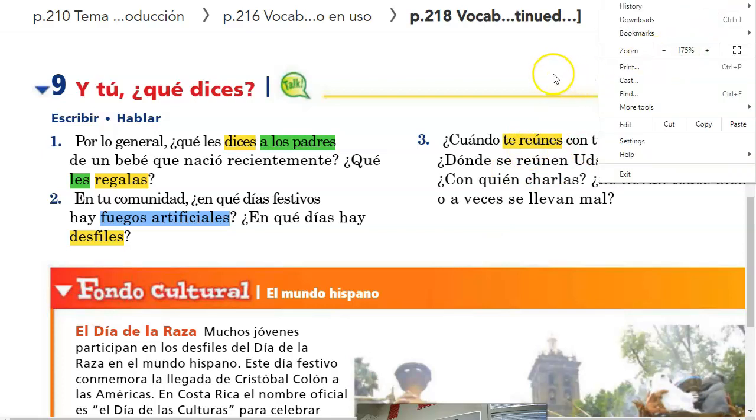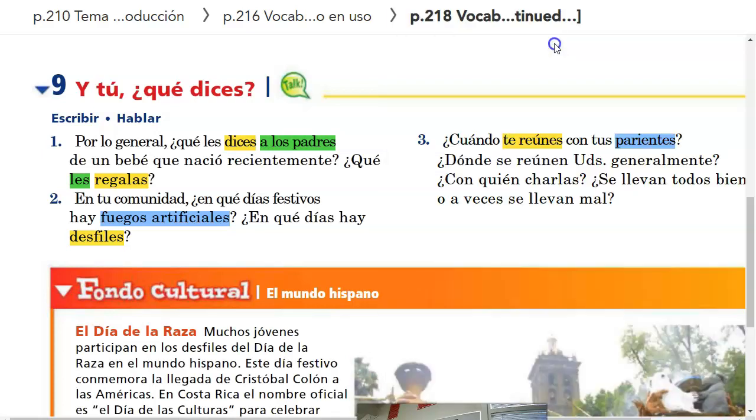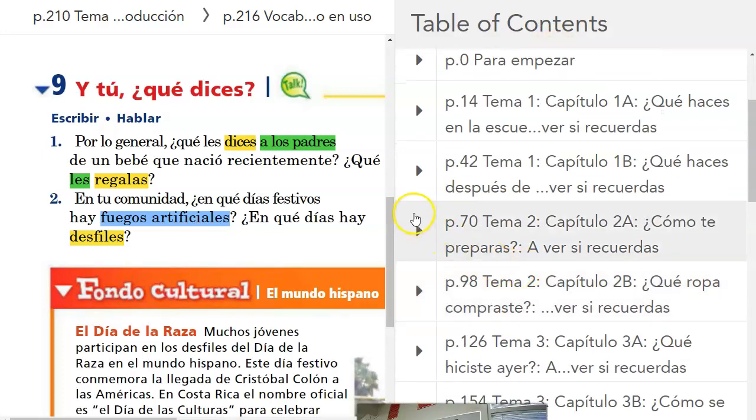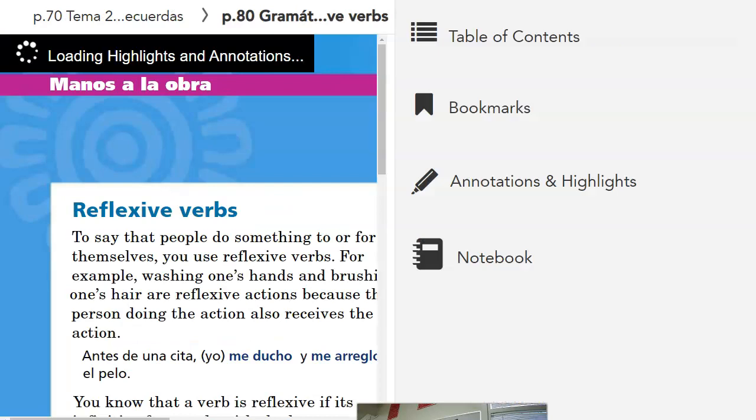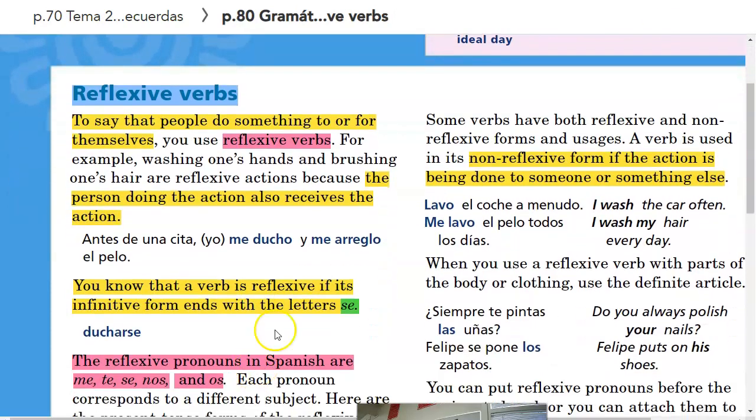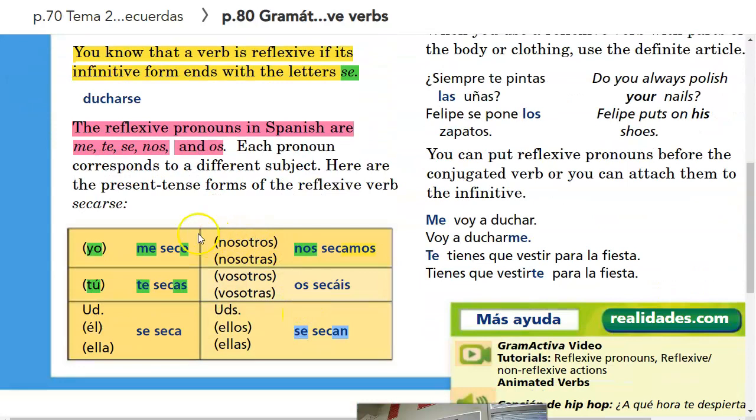So we're going to go to page 80 of your textbook to remind ourselves of how we conjugate reflexive verbs. Remember that reflexive verbs are actions that are reciprocal, right? You're doing with a group of people or to one another, a group of people. When we talked about reflexive verbs originally, we were talking about them in the yo form because you were talking about your daily routine, right?